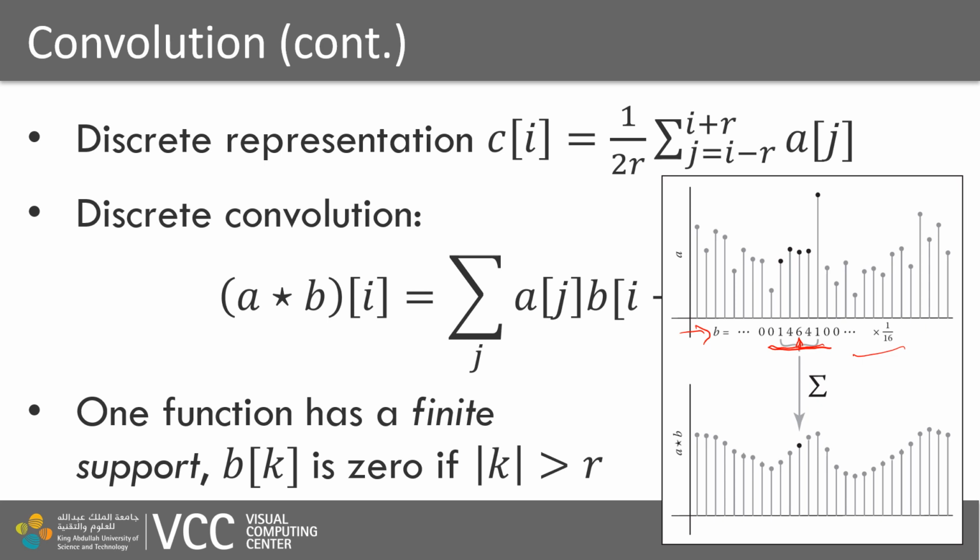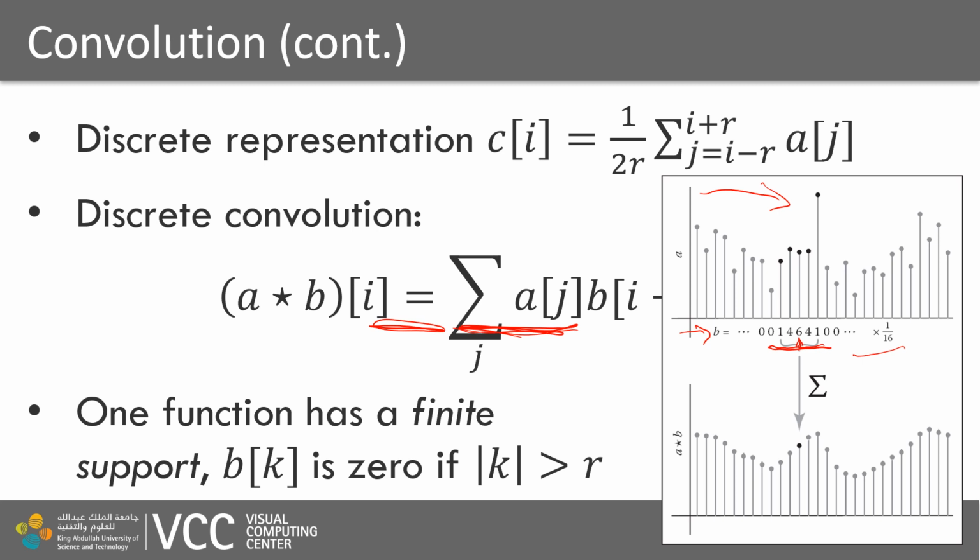The sum of the weights. And we can see here, this is our function A, a discrete set of samples or sequence A, and each element of A is multiplied with this other function, and their product is then summed up with other products of their multiplication.